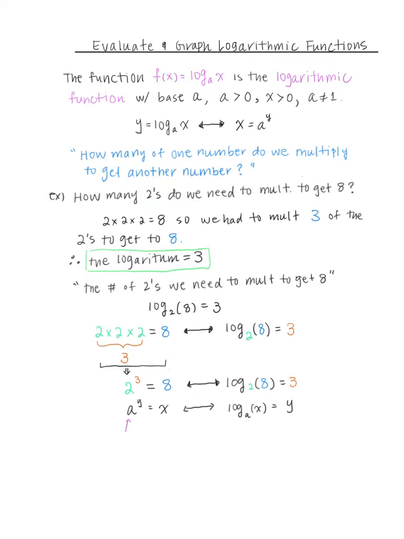We call the letter a the base, and the y is the exponent. So when you look at log base a of x equals y, this little a is the base, and this y is the exponent.